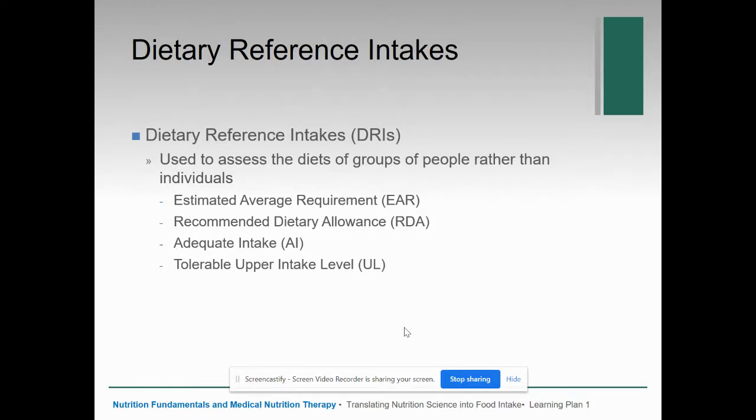It's hard to OD on certain vitamins and minerals when we're just looking at food intake. But as you can imagine, we run into difficulties with UL when people start taking supplements of specific nutrients far above the RDA, the recommended dietary allowance. I hope that clears up the DRIs.